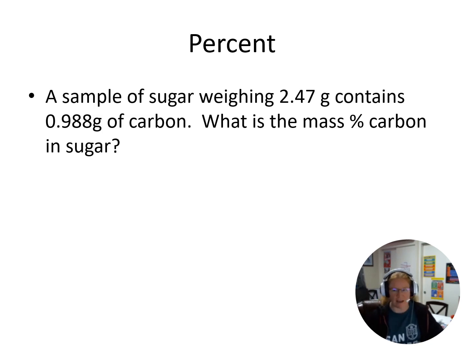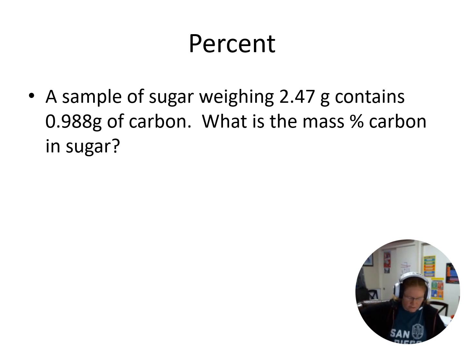Okay, so I have some sugar. My sample of sugar weighs 2.47 grams. In that 2.47 grams, 0.988 grams of it is carbon. So let's see what the mass percent of carbon is in sugar.